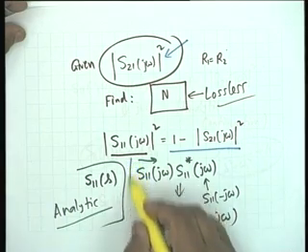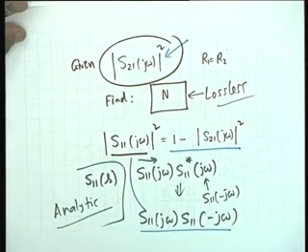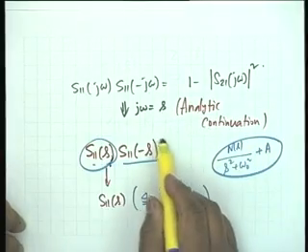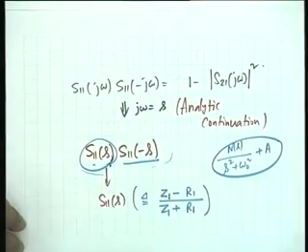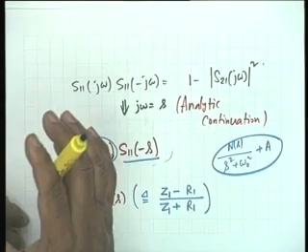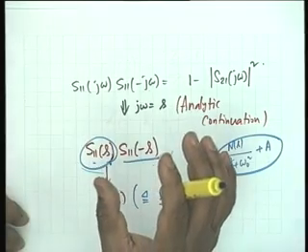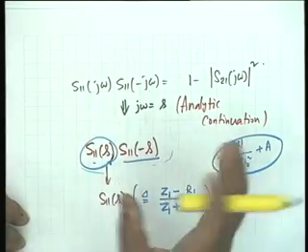That is, you write this as S11 j omega, S11 minus j omega, and replace j omega by s. Okay? After you do that, you get a product of terms which can be identified as S11 of s and S11 of minus s.